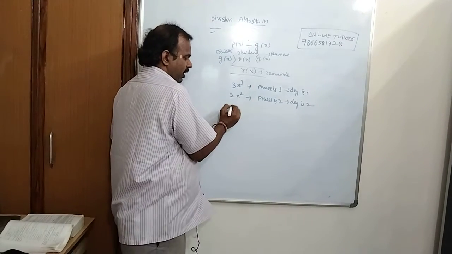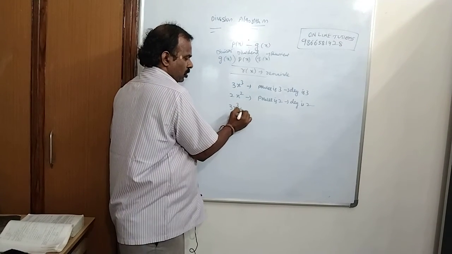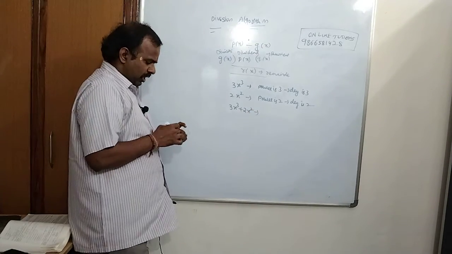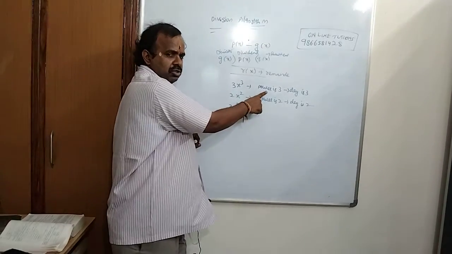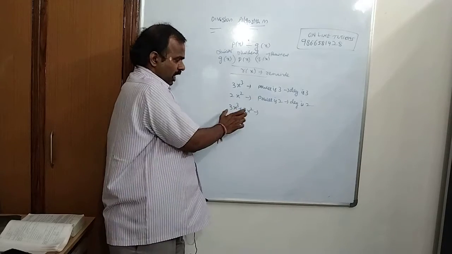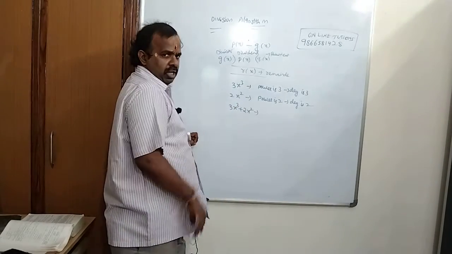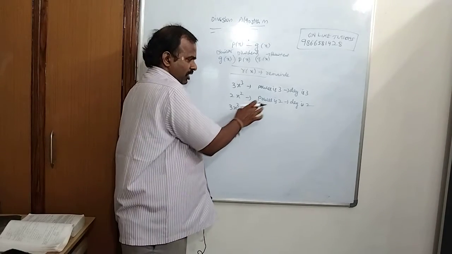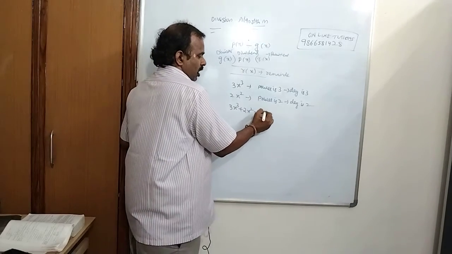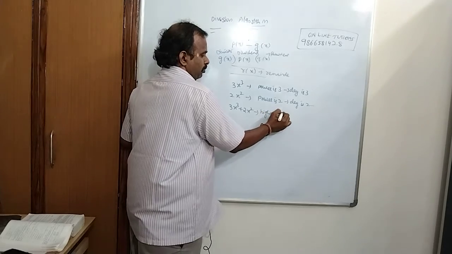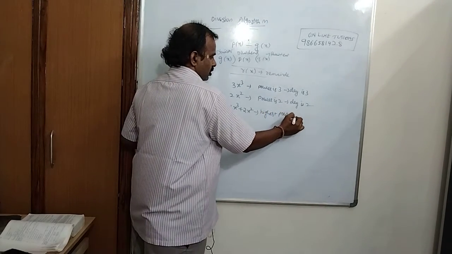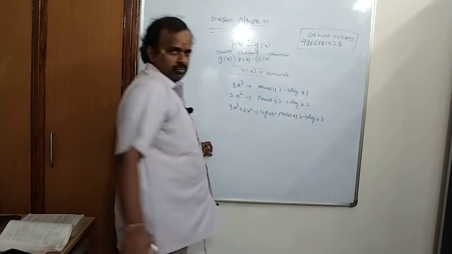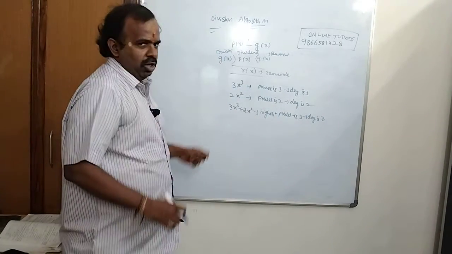Now combinedly write down 3x cube plus 2x square. In case of only one term, a monomial, we take only the power, 3 or 2. But in case of a binomial, we will not say power, but we say highest power is 3, so degree is 3. Right? Now this is in case of polynomials.